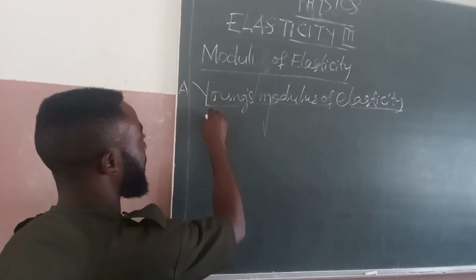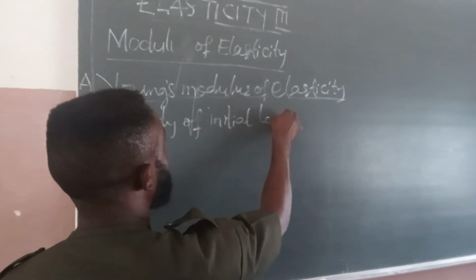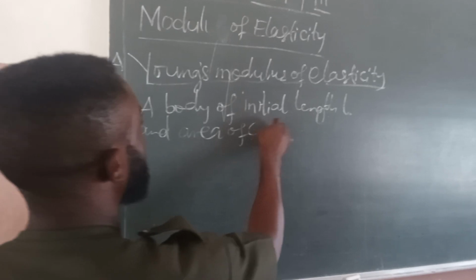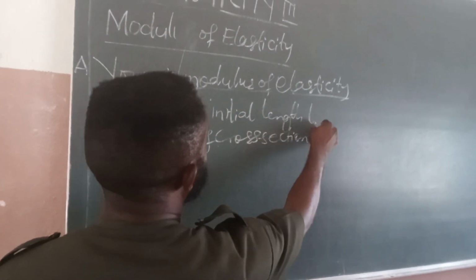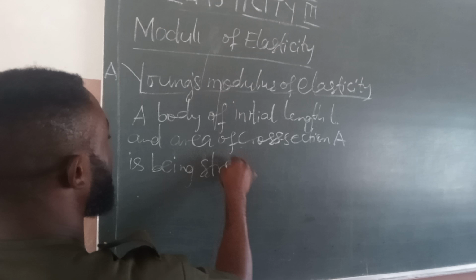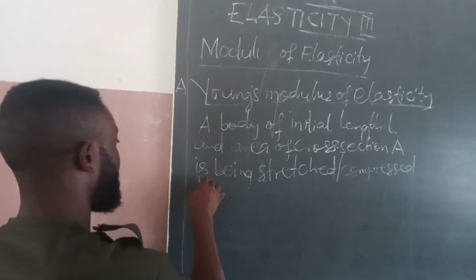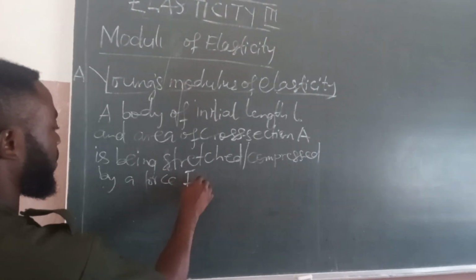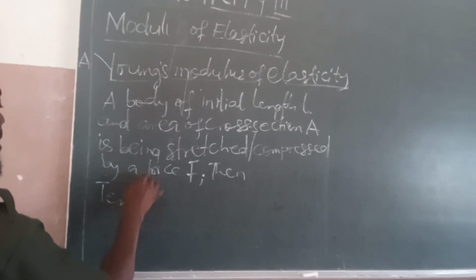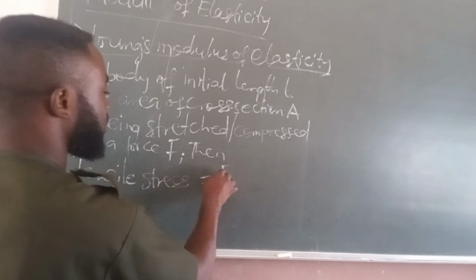Thus, if a body of initial length L0 and area of cross section A is being stretched or compressed by a force F, then the tensile stress applied is equal to force over area.